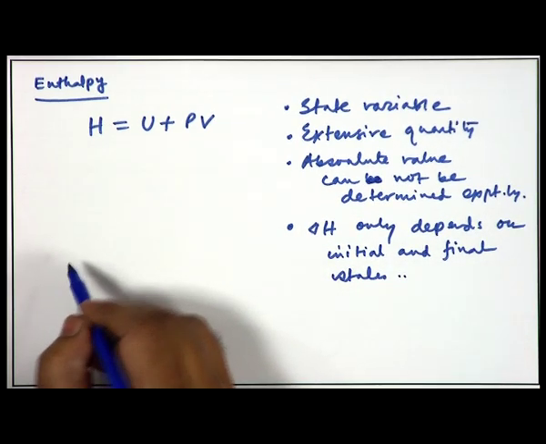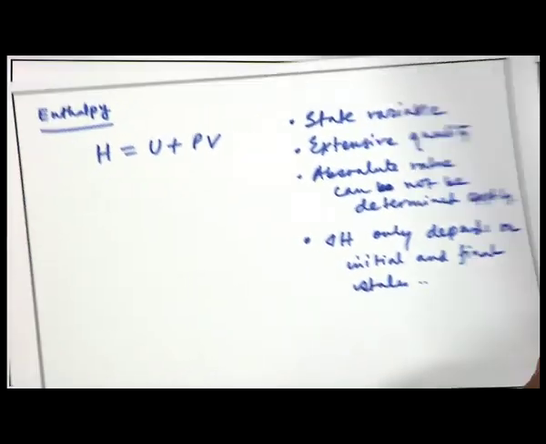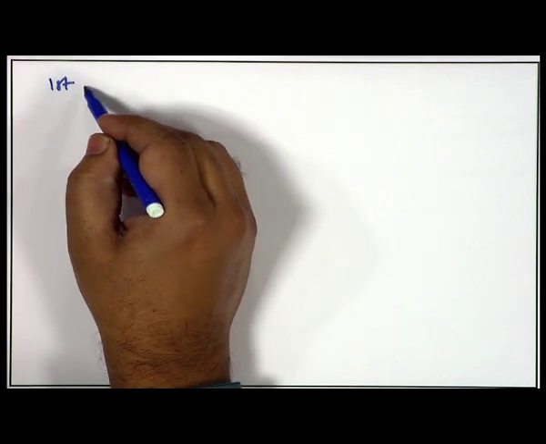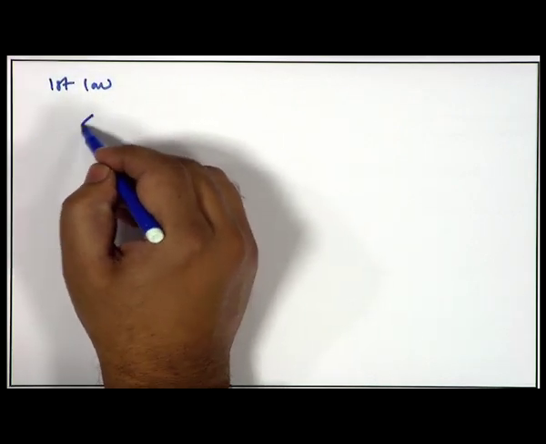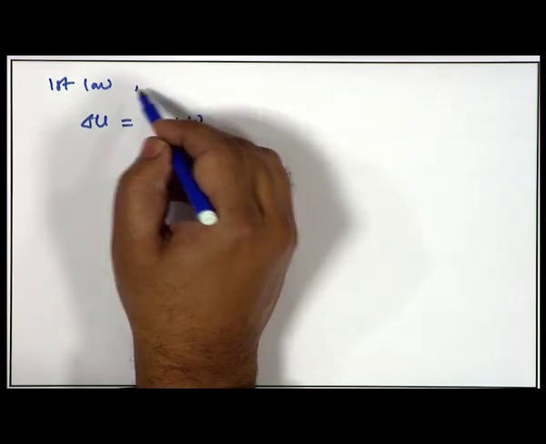Now, we know from the first law of thermodynamics that del U is given by Q plus W for a closed system.